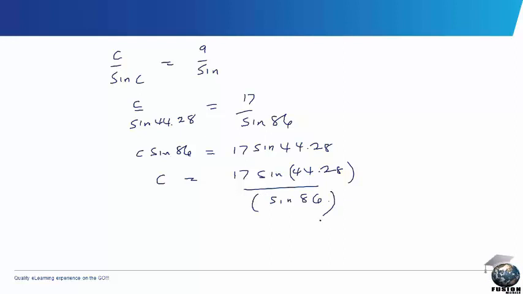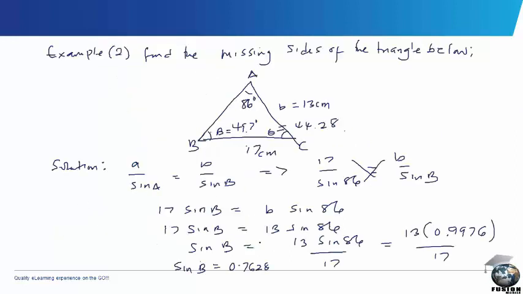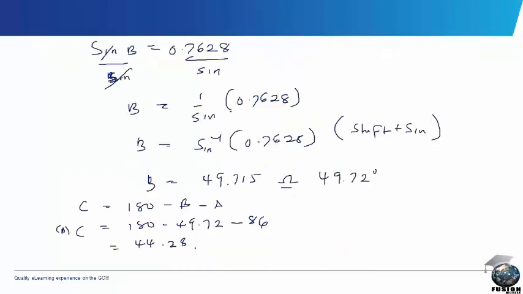And so C will be equal to 11.8978, which is approximately 12. So the sides are 12 centimeters, 17 cm, and the rest.